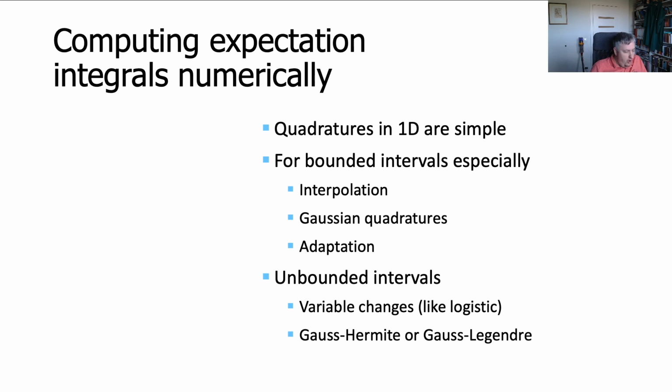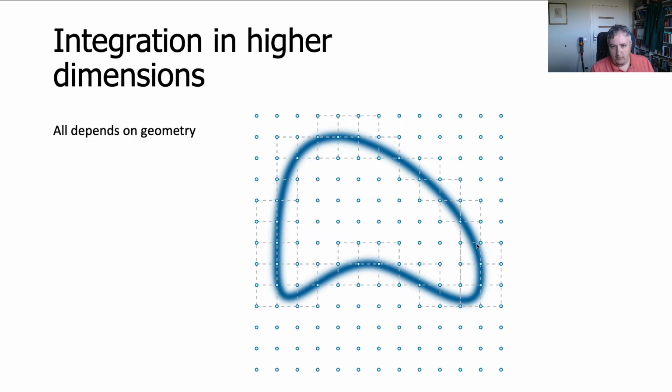Quadratures are known ideas for how to compute the integral of a given function, and if our parameter q is one-dimensional, it is a relatively simple and well understood problem. First of all, we have very good quadratures for bounded intervals, using interpolation quadratures or Gaussian quadratures. We can use adaptive quadratures if we expect that the function is weird. To sum up, quadratures are very simple in one dimension, either interpolation on a bounded interval or a dedicated solution for unbounded intervals.